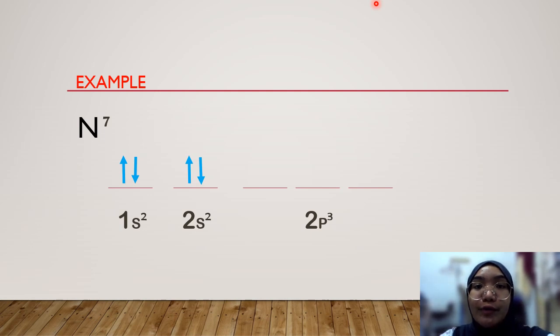When you put the first arrow in the first orbital, you should not put the second one in the same orbital. Rather, the next one has to go in the next orbital but with parallel spin. If the spin is facing upward in this orbital, then the second spin should be parallel to it, facing upward as well. And the third spin will do the same. So, nitrogen has 3 unpaired electrons.